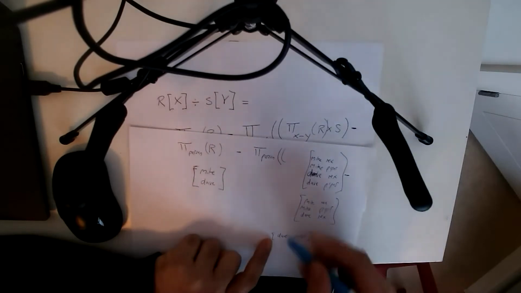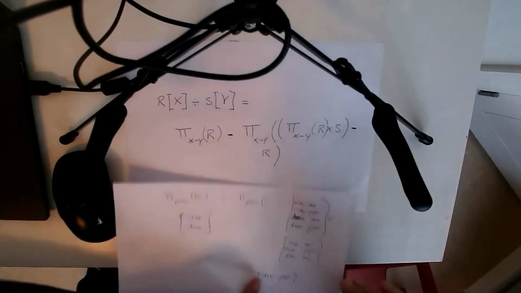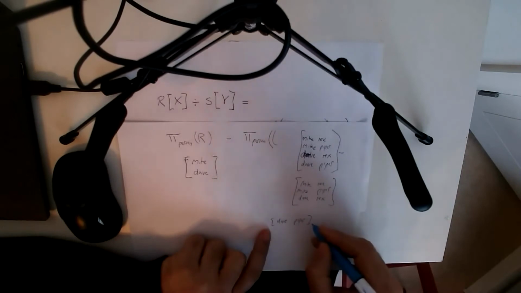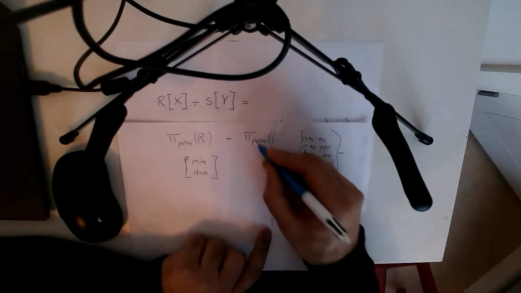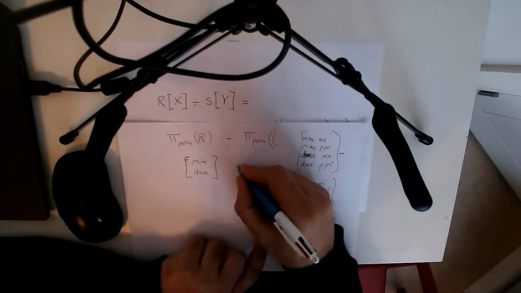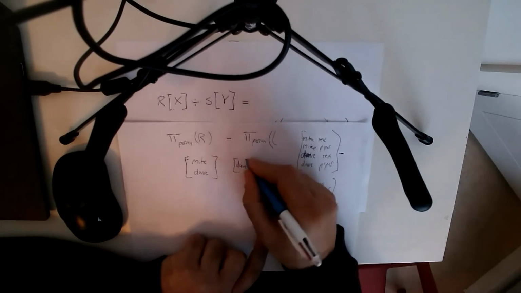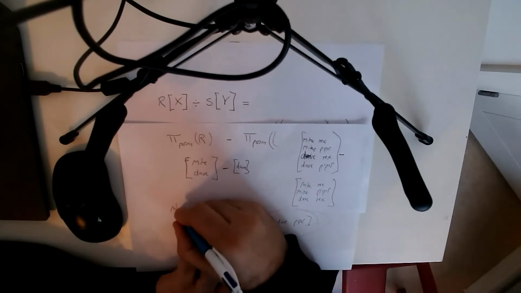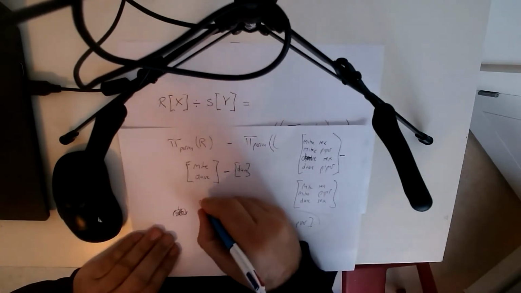Okay, so what this does is it gives us out this table here, and then we project Dave from that. So we wind up getting Dave as that person, and then since these are being minused, what's left over is Mike. So the result of all this is Mike.